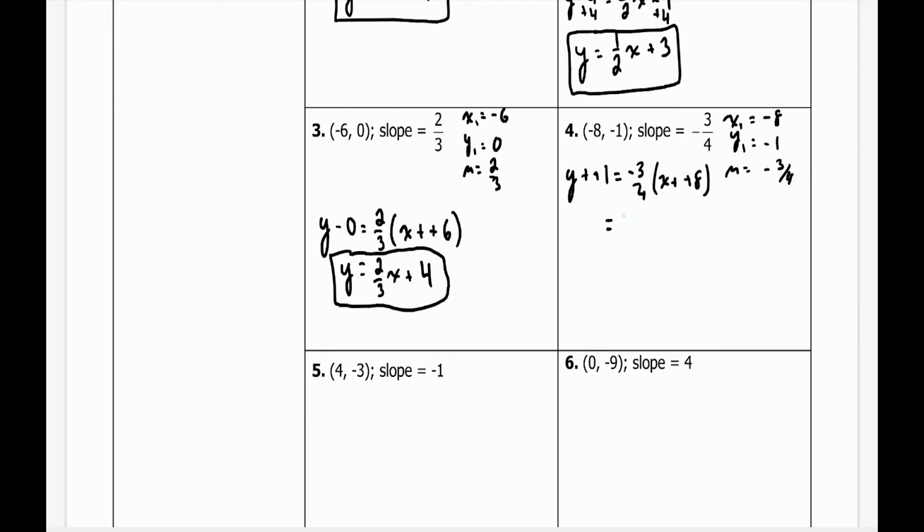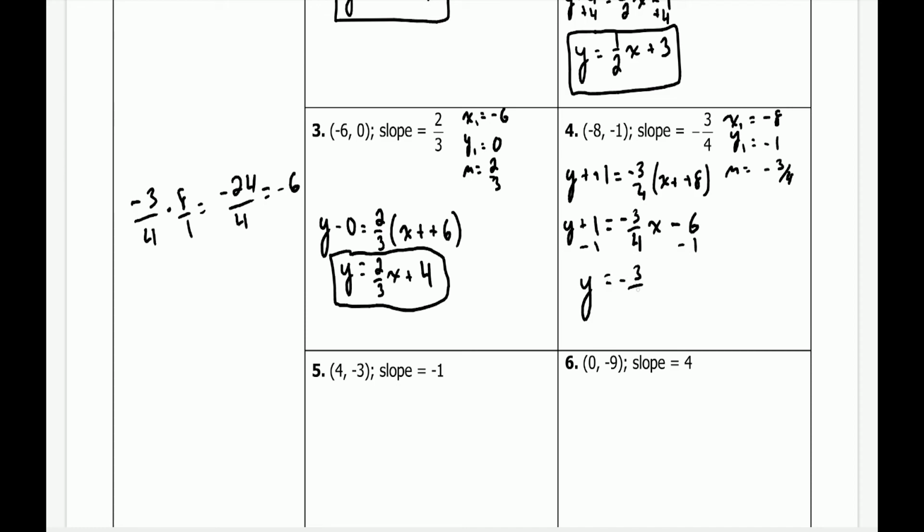Let's distribute the negative 3/4. Let's see, negative 3/4 multiplied by 8 is equal to negative 6. Sorry, that's going to be negative 3/4x minus 6. And this is y plus 1. We're going to subtract 1 from both sides, leaving y is equal to negative 3/4x minus 7.